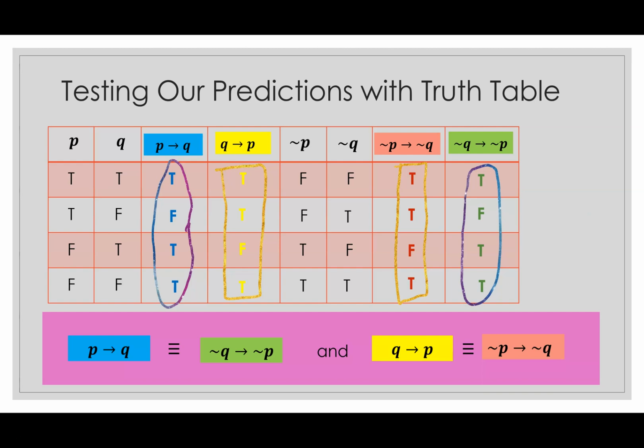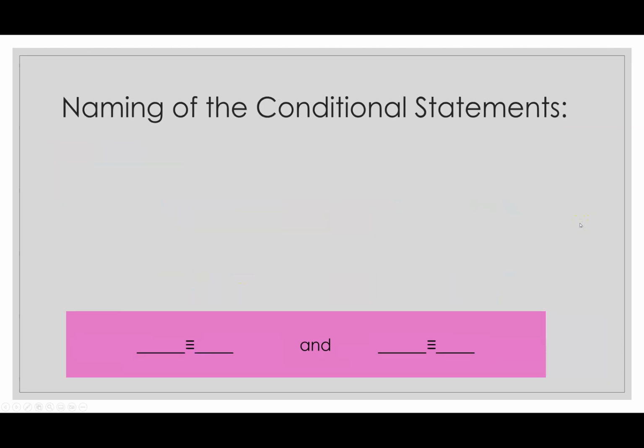Okay, now let's actually give names to these statements. If P then Q, we call that our conditional statement. The hypothesis is P, the conclusion is Q. When you switch the order, if Q then P, that is defined as the converse of the conditional statement.